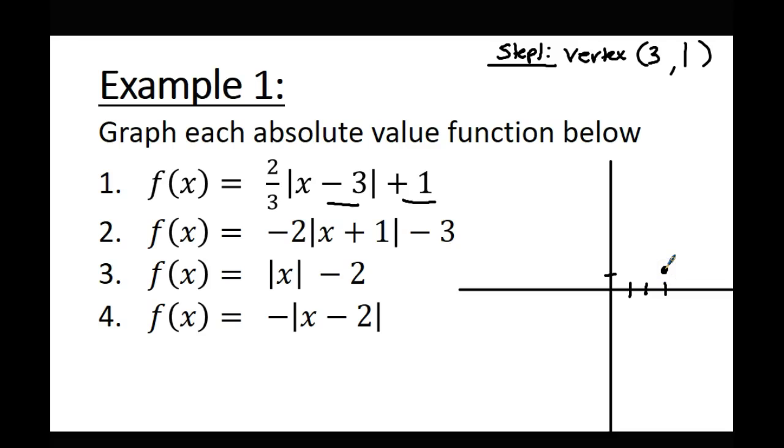Now we get to do our slope, so I'm going to add a few more lines here just so I can do my slope. All right, now my slope is 2/3, right? So I'm going to rise 2, and I'm going to run 3, but when I run 3, I'm going to go both ways. So rise 2, run 3, starting from your vertex.